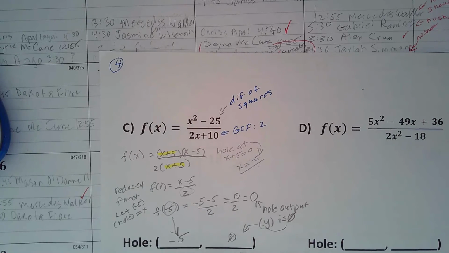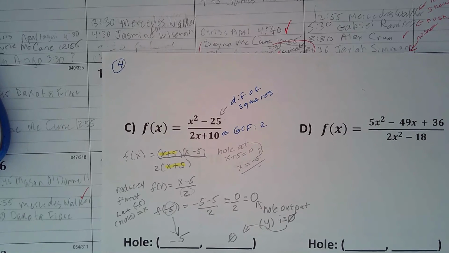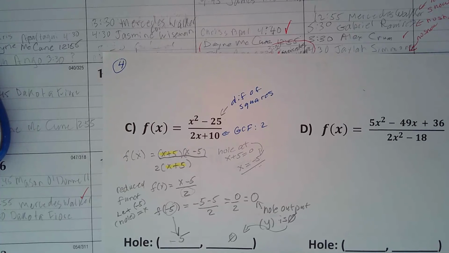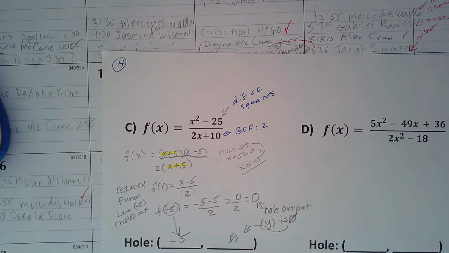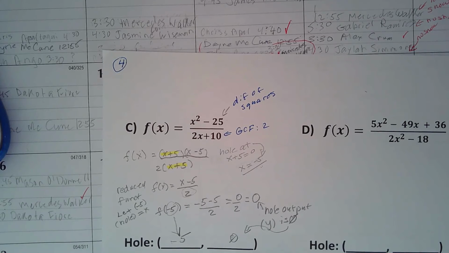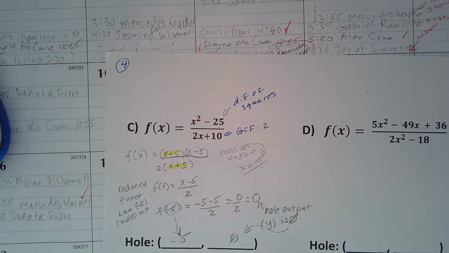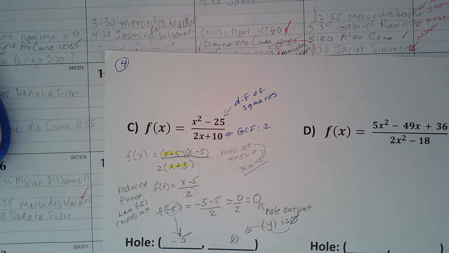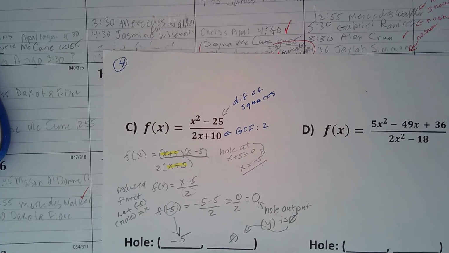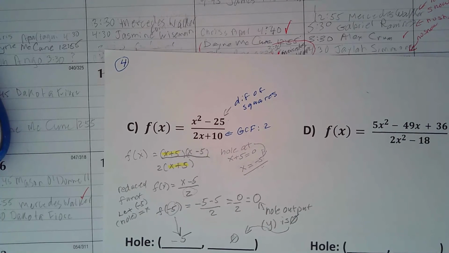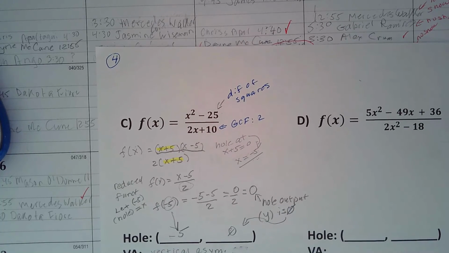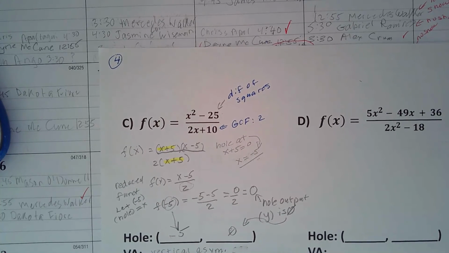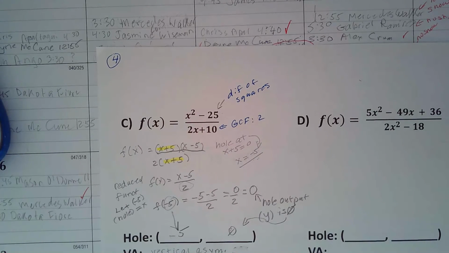So the denominator here is 2. So 2 equals 0. But wait. Two does not equal 0. Okay. So there is no vertical asymptote.